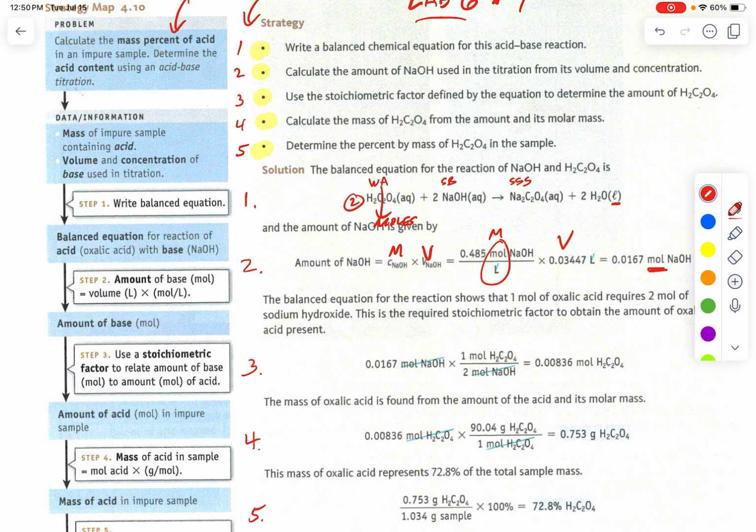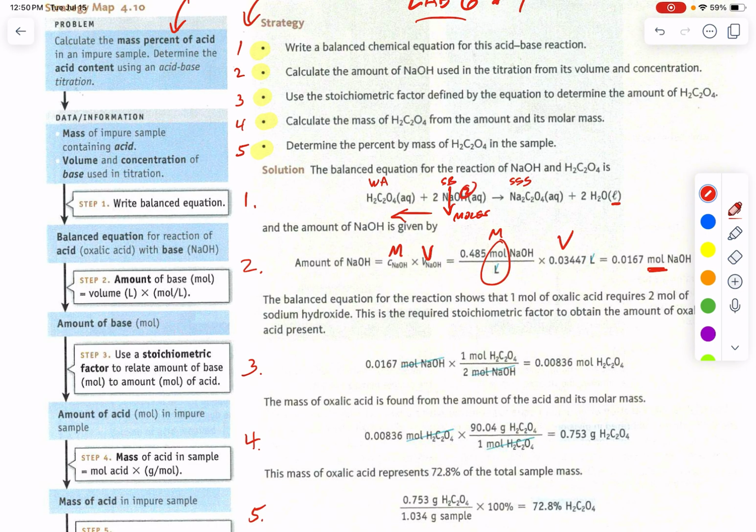I think I put my arrow in the wrong place. So let's just take care of that, and we'll go ahead and erase that. So we're going to take our molarity times volume to get my moles. And that's my step number 2.